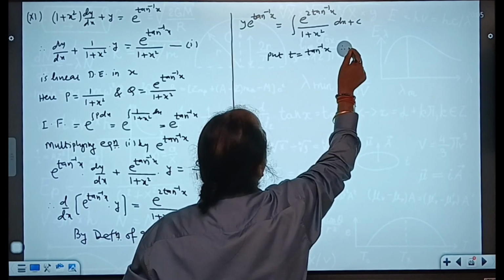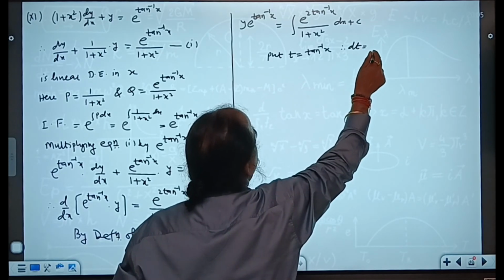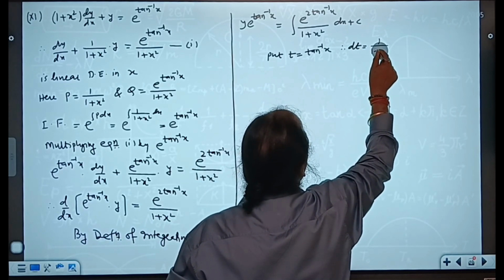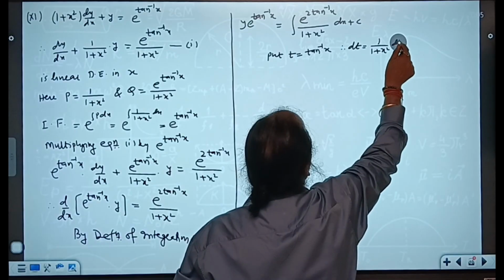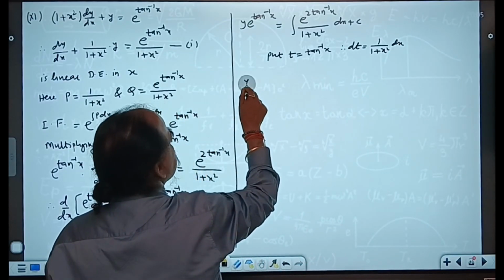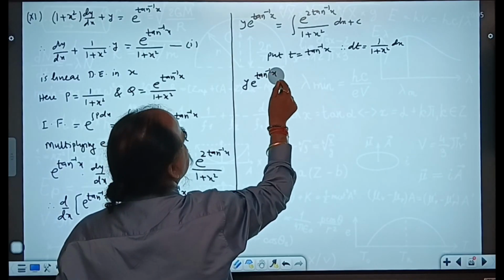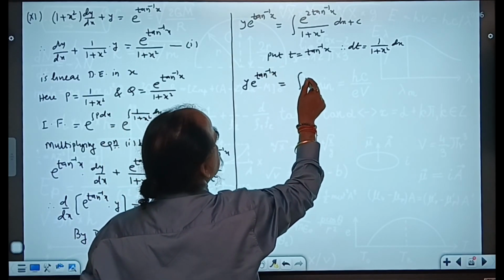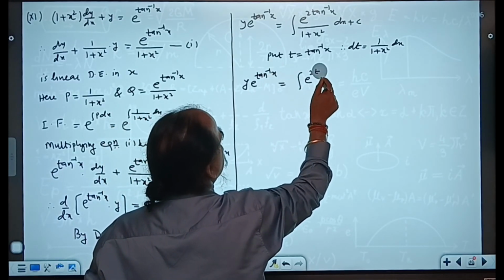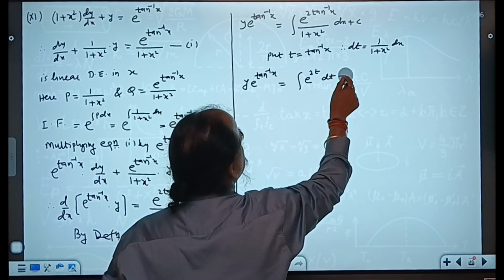So dt is what? So y e raised to tan inverse x is equal to integral of e raised to 2t dt plus c.